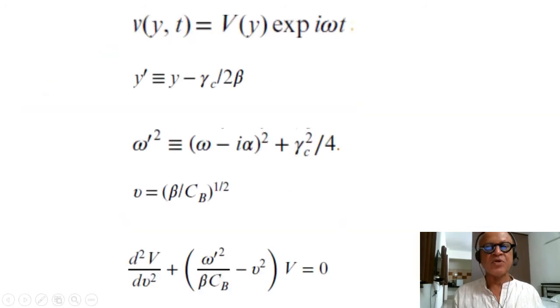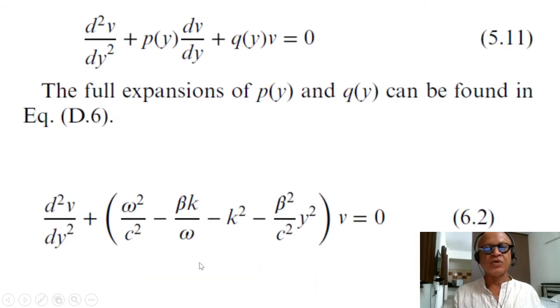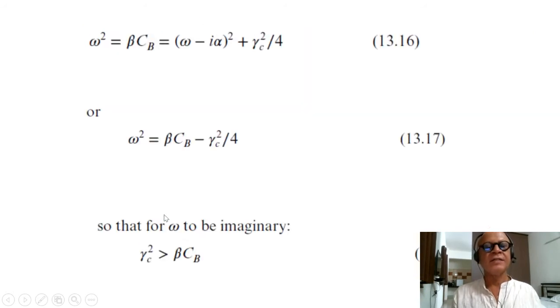That's the same process used here, and you can see the similarity of the two equations except for the more complicated dispersion relation here. Okay, so omega squared over beta cb is equal to omega minus i alpha squared plus gamma c squared over 4, or omega squared over beta cb minus gamma c squared over 4.